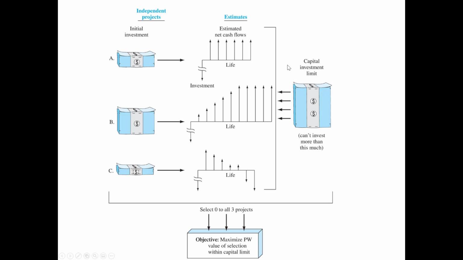The investment limit is just this known budget that dictates how much you can spend up front. And so you'd try and analyze every combination that's possible and find out among those combinations which is going to maximize the present value of your profits and still be within the limit of the budget.